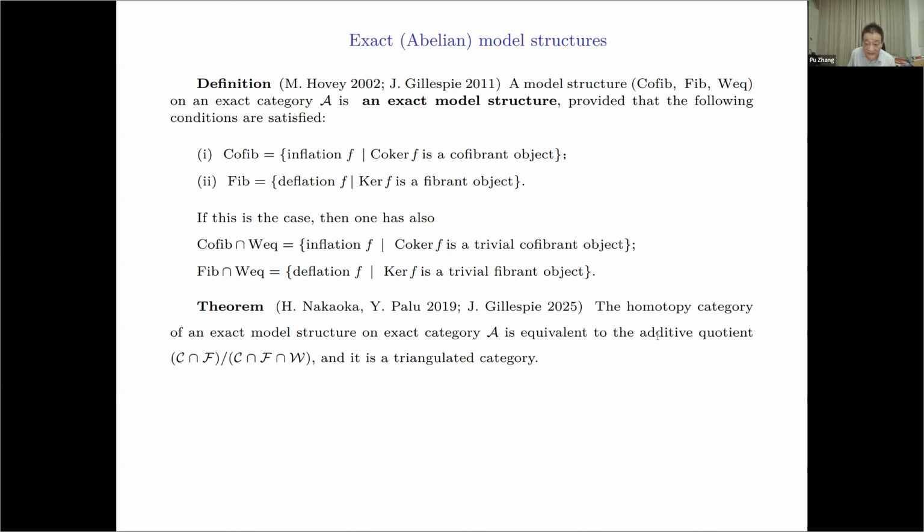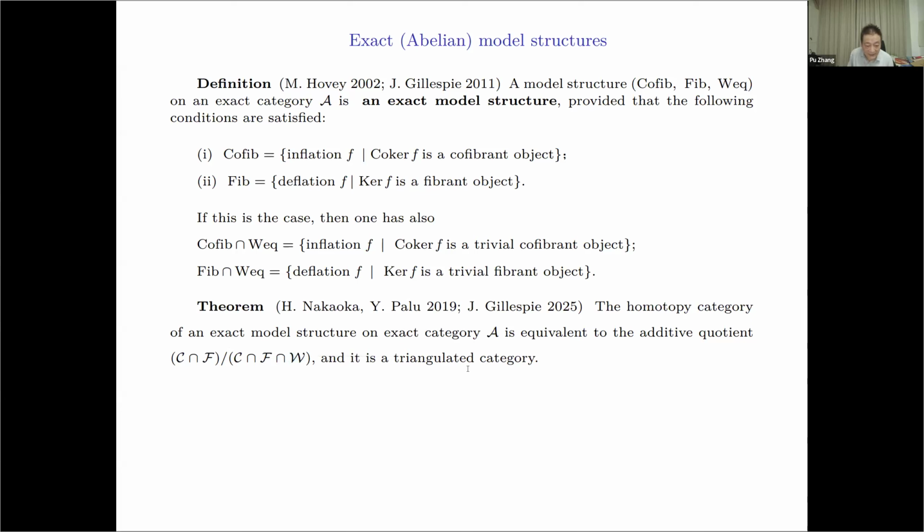It is just the additive quotient of C intersect F by the intersection with W. C is the class of cofibrant objects, F, as you remember, is the class of fibrant objects, and W is the class of trivial objects.